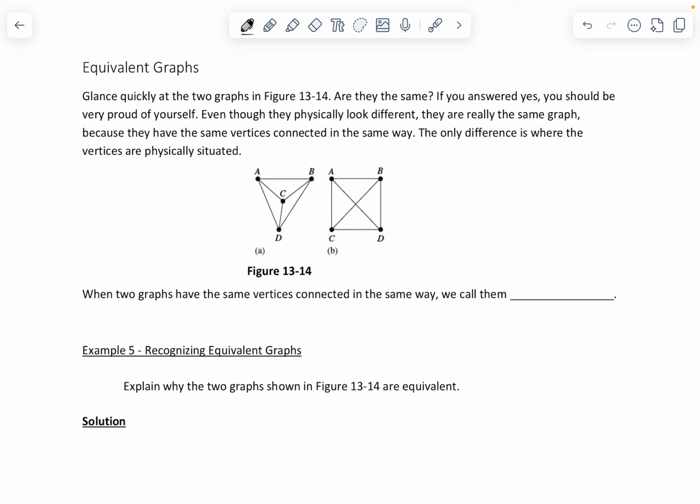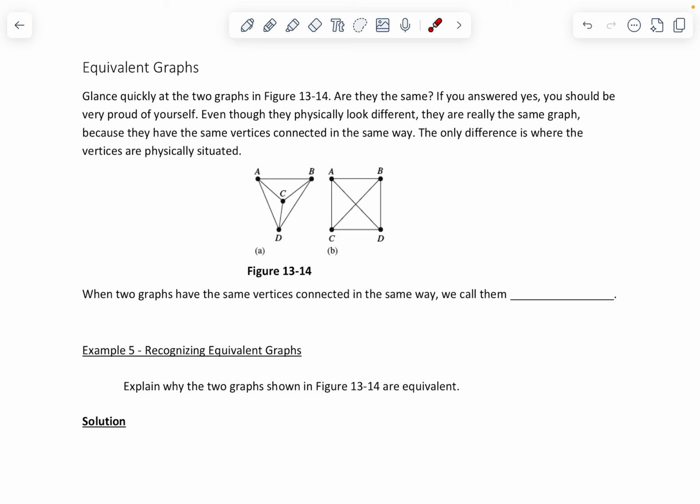If we glance quickly at the two graphs in figure 13.14 here, the question is, are they the same? So what we'd want to do is check to see, do they share the same number of vertices? We have vertices A, B, C, and D. And are the connections the same, right?